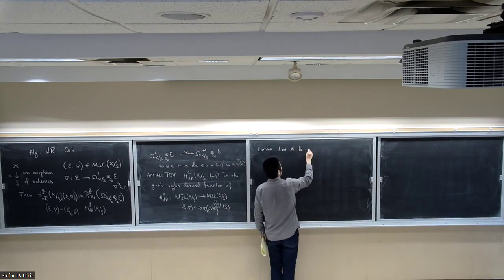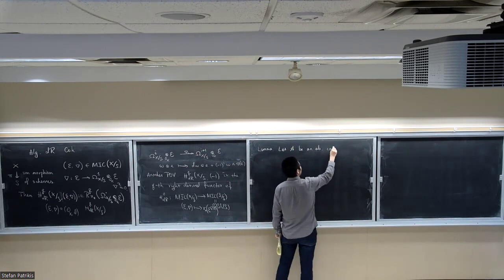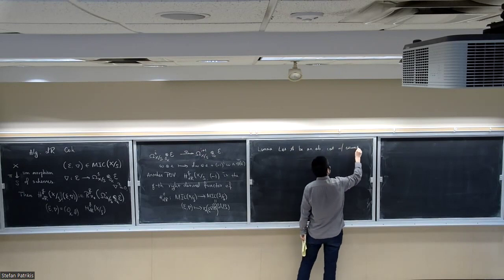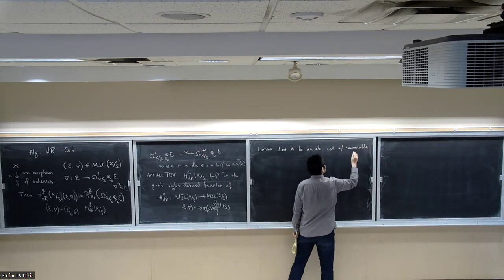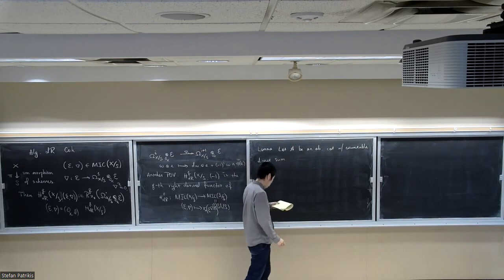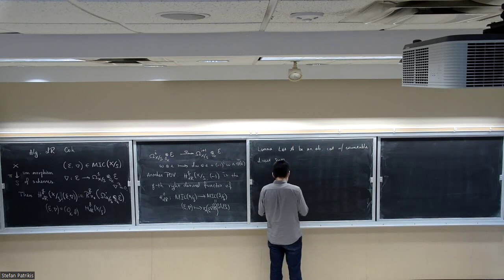Let A, B be abelian categories, let me just write A, B with countable direct sums. Basically, we want this in case we need to form a total complex or some double complex, but I won't really talk about that.